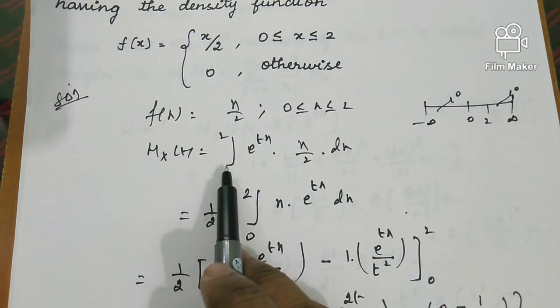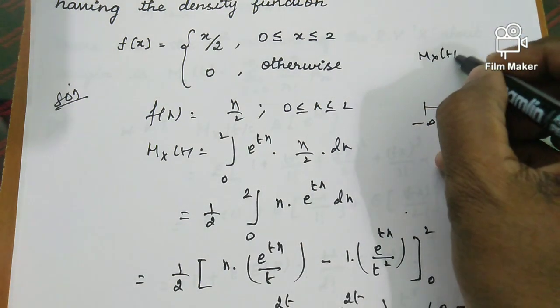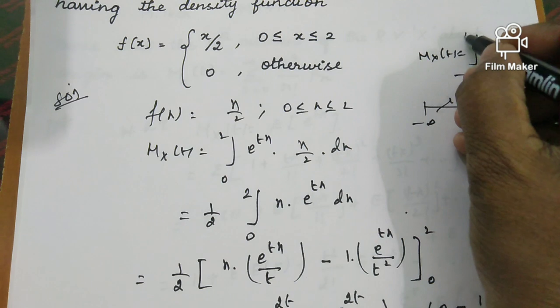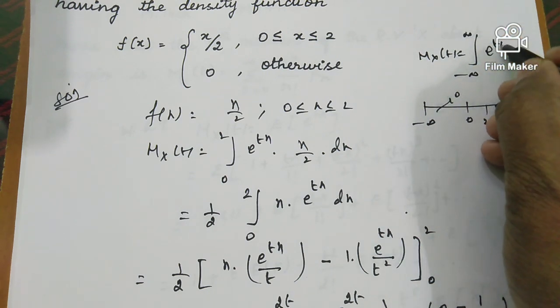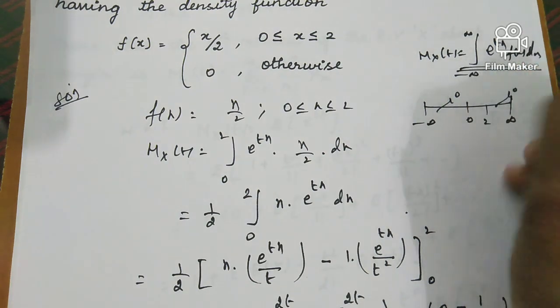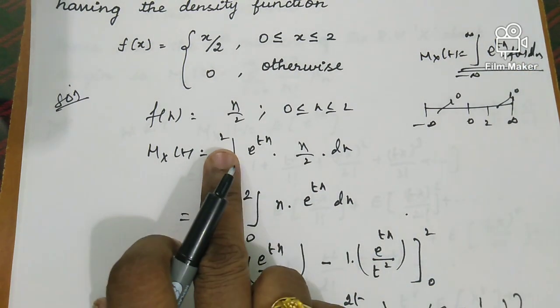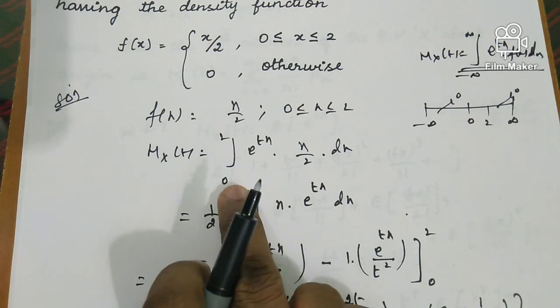That is the reason why here M_X(t) equals, the actual definition, the integral from minus infinity to plus infinity of e^(tx) f(x) dx. So this is our actual definition for MGF, and in this question the limit is 0 to 2, that is the reason why we have taken directly 0 to 2.